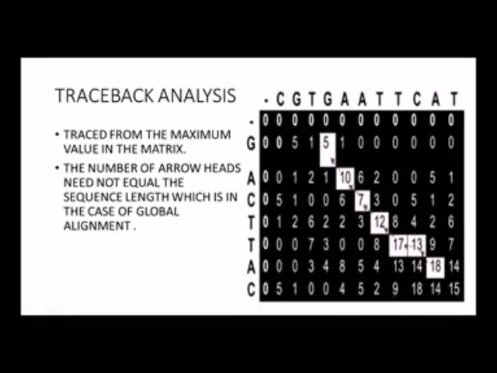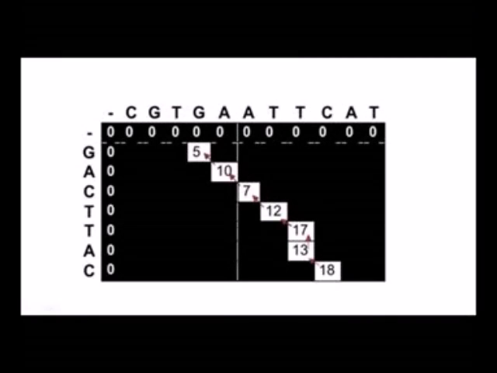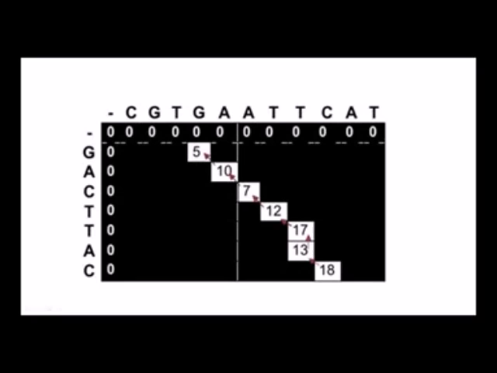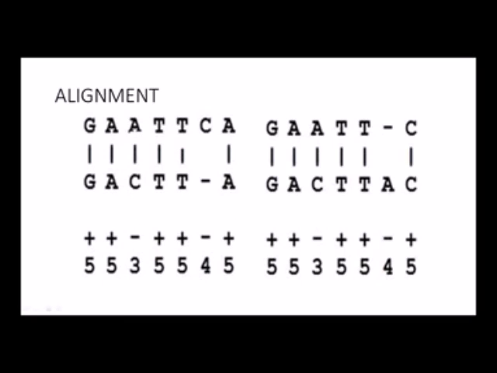Thus the tracing back is done and the arrows are highlighted. Once the arrow reaches the 0 value, the tracing back is stopped and the alignment is done. This is the alignment, and the scores have been written.